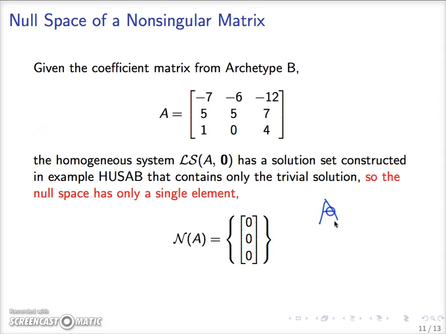The fact that A is non-singular is directly related to the fact that the null space of that non-singular matrix contains only the trivial element, only one single member of that set.